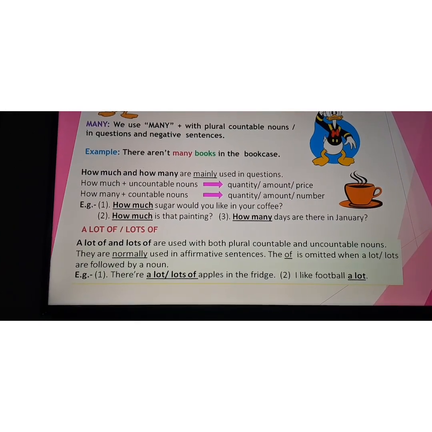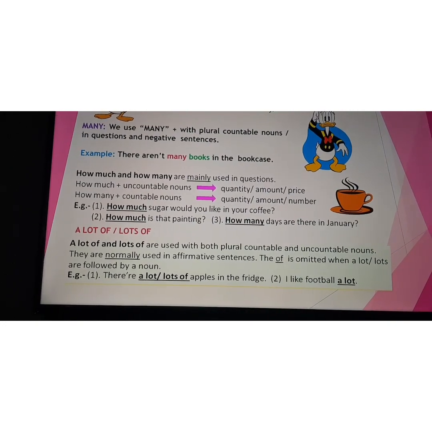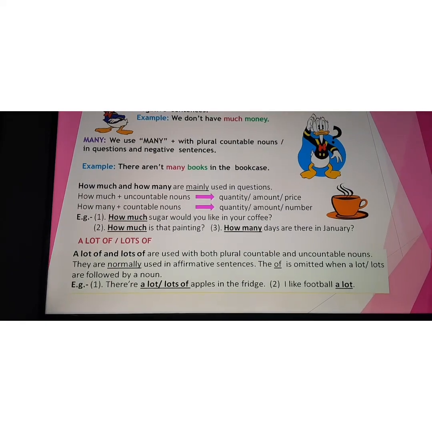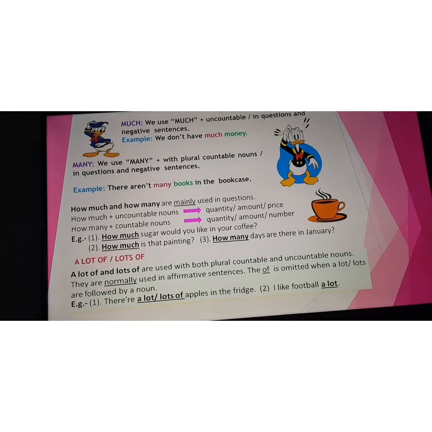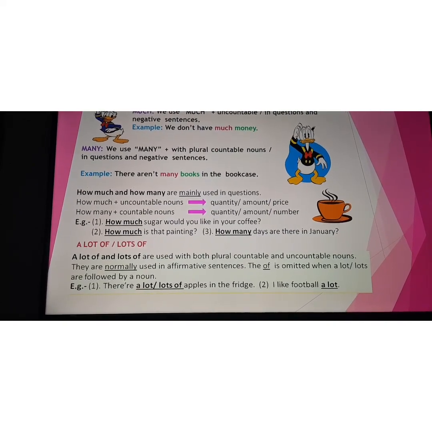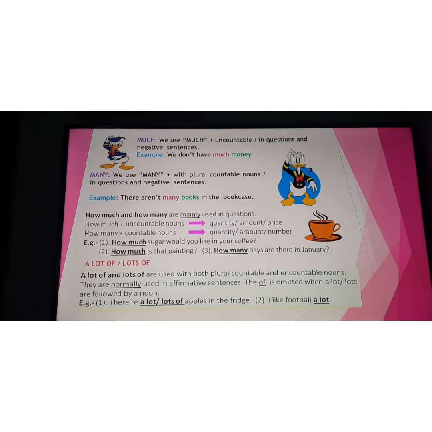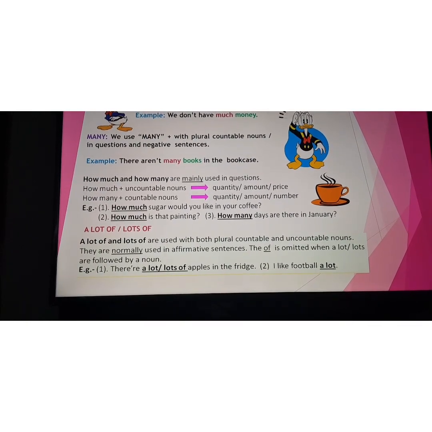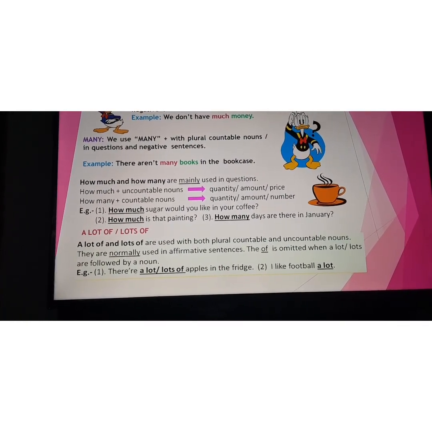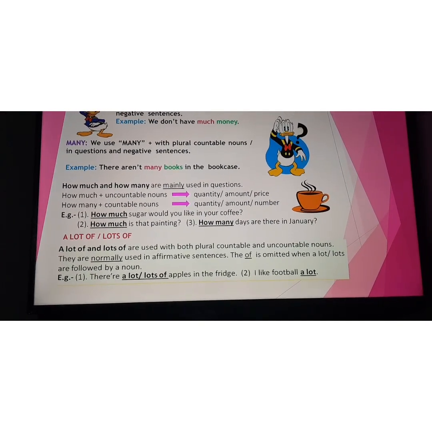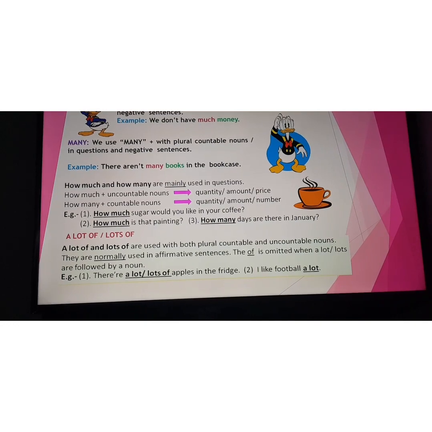After that, the use of much and many in questions is very simple. Much is for uncountable nouns, and many is for countable nouns. How many and how much are at the beginning of the question. After, we continue with a lot of or lots of. A lot of and lots of are used with both plural countable and uncountable nouns.